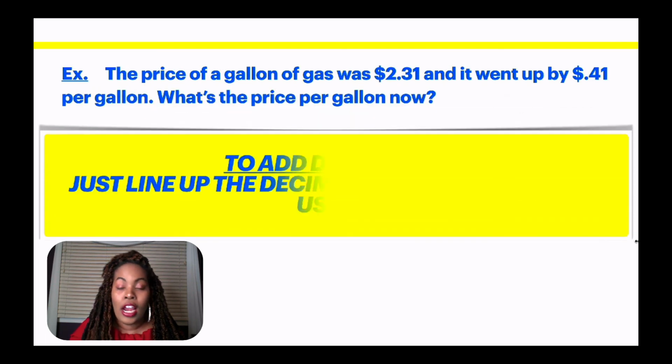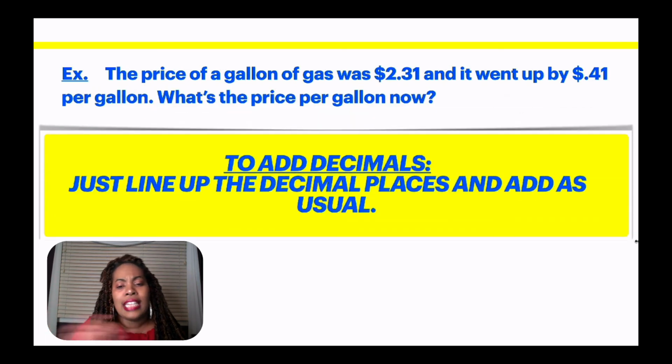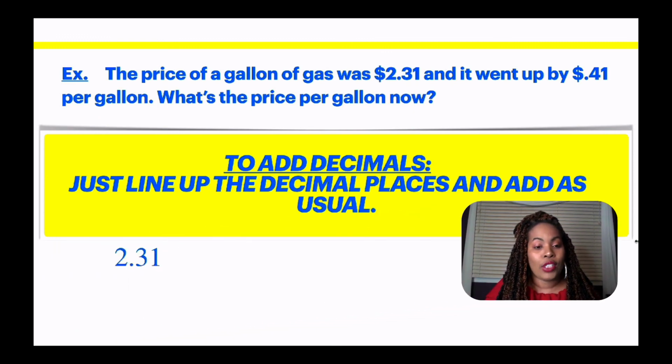Now remember what we said about adding decimals. In order to add decimals, just line up the decimal places and add as usual. Reason being, you have to add tenths and tenths, hundredths and hundredths, so on and so forth. So this should be simple. Let's line up those decimal places and see what we get. We have 2 and 31 hundredths, and then we're going to add that to 41 hundredths.